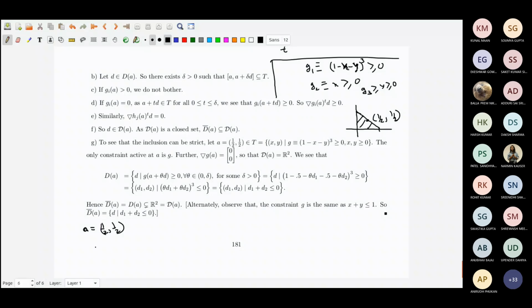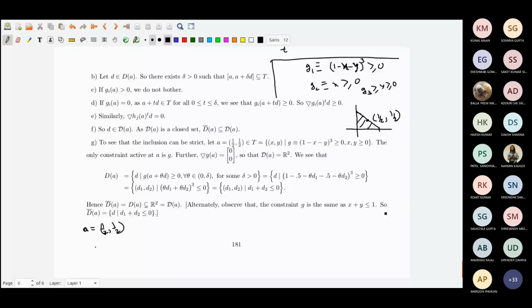That is the only one which becomes an equality. The other two do not satisfy equality. G2 will be half, G3 will be half, so they do not satisfy equality. Only one satisfies equality. And there is no equality constraint altogether. There is no Hj, only G1, G2, G3.